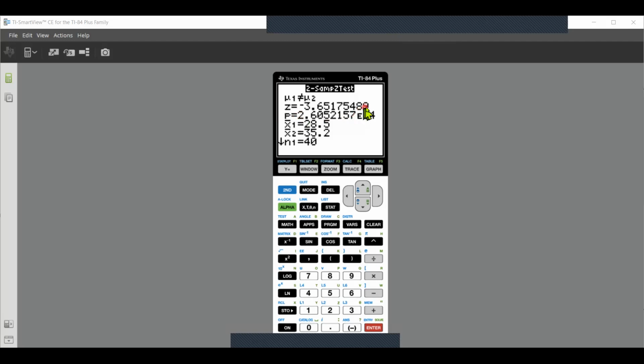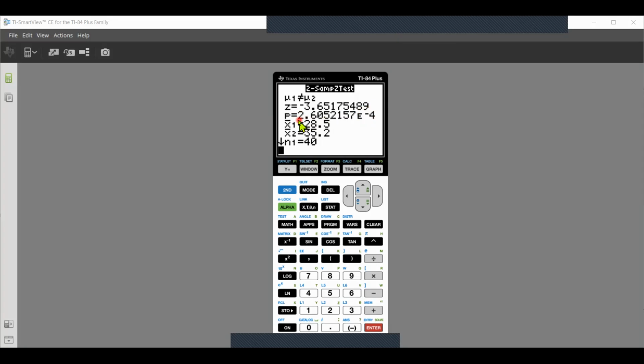But you've got this E negative 4 over here. So be careful with that. That means that for the actual value, you have to move the decimal point 4 places to the left. There's 3 zeros, 4 decimal places, but 3 zeros in front of this 2.